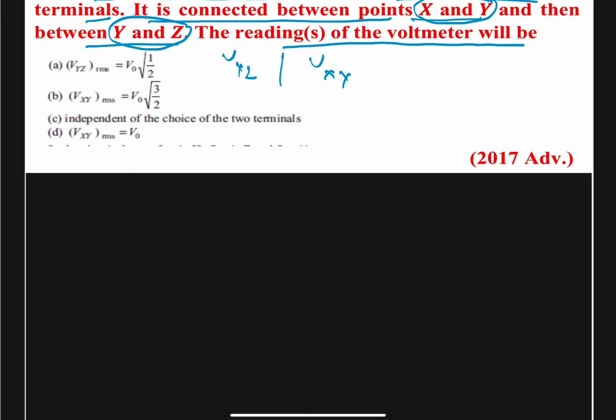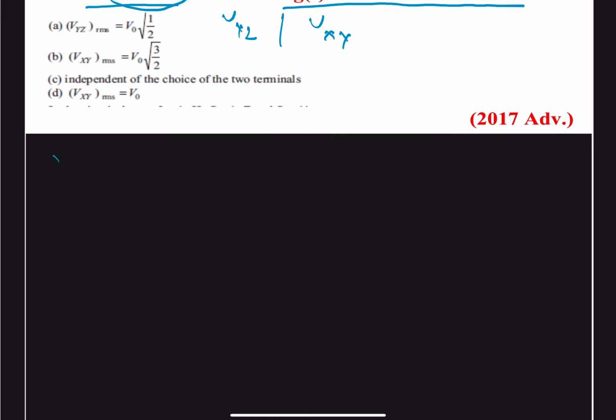We are given the instantaneous voltage at the 3 terminals, so let us first of all write those.